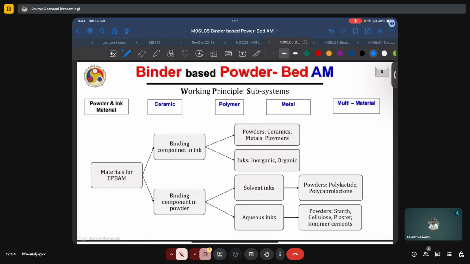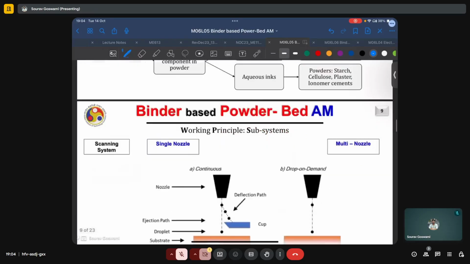Whereas if the binding component is already present in the powder and just needs to be activated using the binder material, then we can either use solvent inks such as polylactide or polycaprolactone, or we can use aqueous inks in conjunction with powders, which are starch, cellulose, plaster, or ionomer cements.